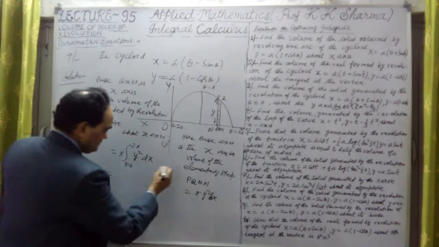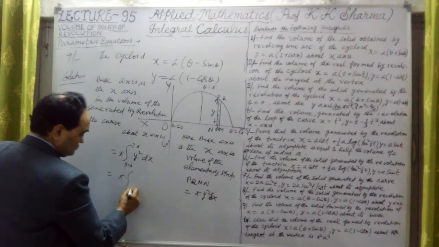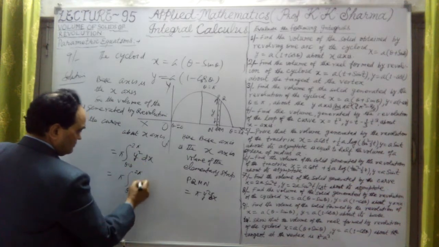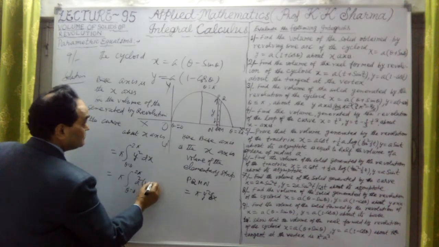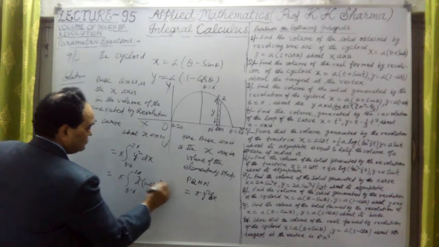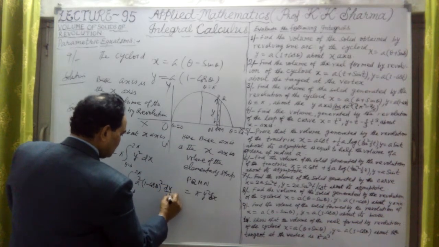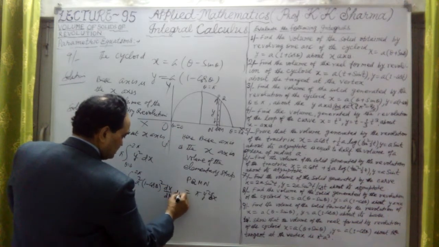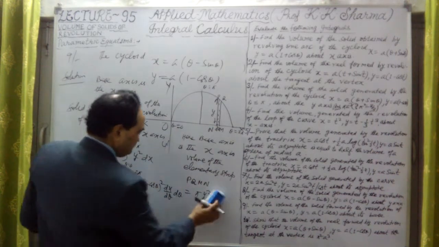So this can be further written as pi, theta equal to 0 to 2 pi, y square is a square into 1 minus cos theta whole square, into dx by d theta into d theta. What is dx by d theta here? Let me calculate that.